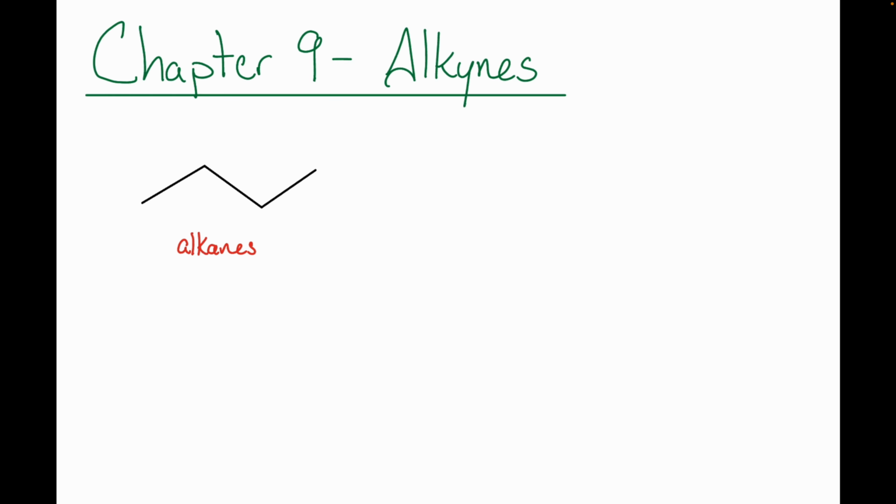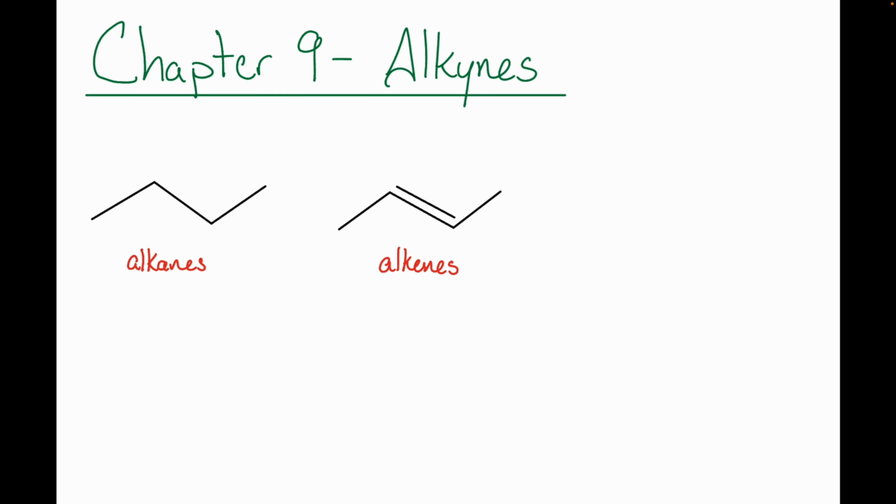We then graduated to alkenes, our carbon-carbon double bonds, molecules that contain at least one carbon-carbon double bond. And now we're going to graduate to alkynes, which have carbon-carbon triple bonds.